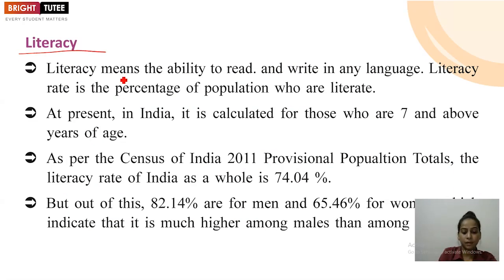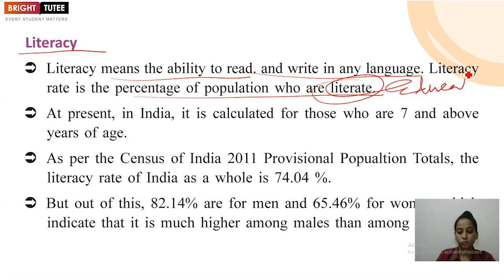Literacy means ability to read and write in any of the language. Literacy rate is the percentage of population who are literate, those who are educated, those who are able to read and write in any of the language. In India, it is calculated for those who are 7 years and above the age.